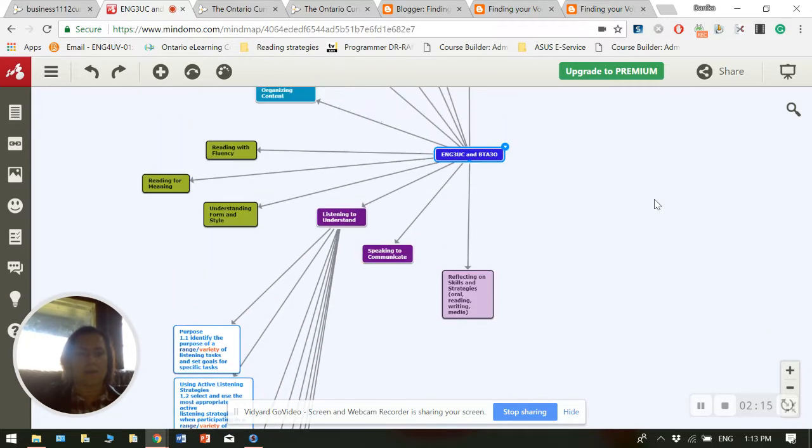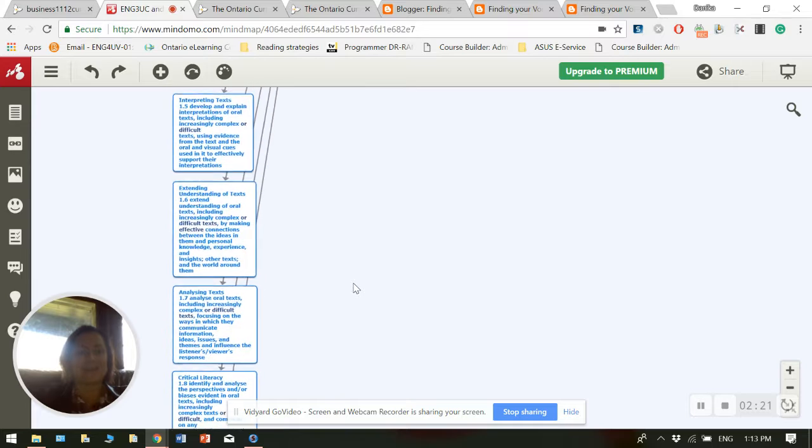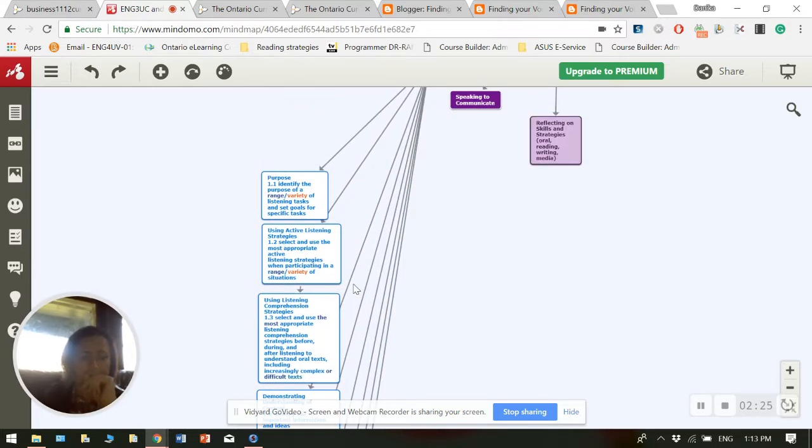Because if I look at the ones for listening to understand, there are 9 different specific expectations for listening to understand. In the dark blue, I put words or phrases that are specific to the university level, and the orange are words that are specific to college level.